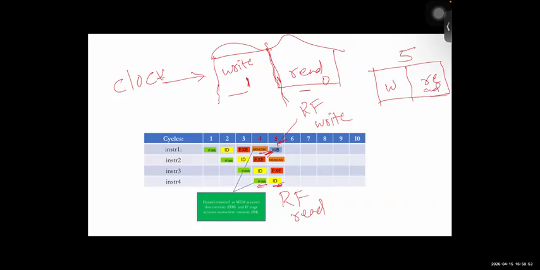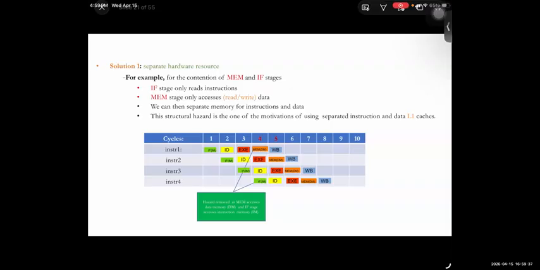So this is the second solution, by utilizing the clock cycle. That is the memory stage only accessing read or write data. So the next solution is the second one as we just discussed. Does that make sense now?